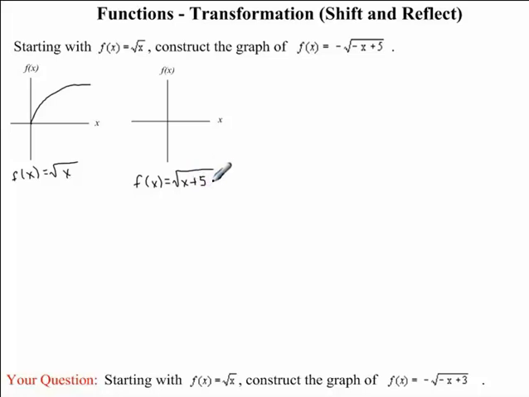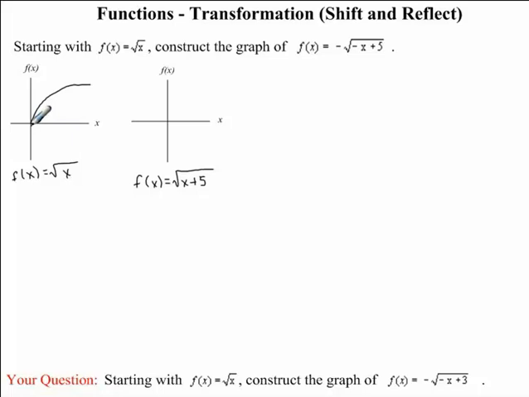Now, adding a number to our x or subtracting a number will cause our original graph to horizontally shift. So in our case, because we are adding 5 units, this will cause our previous graph to shift 5 units to the left along the x-axis.